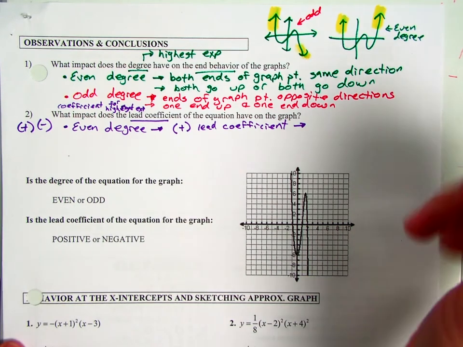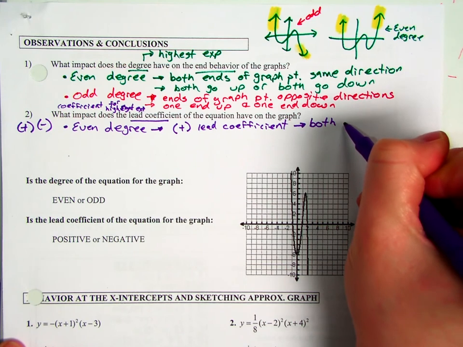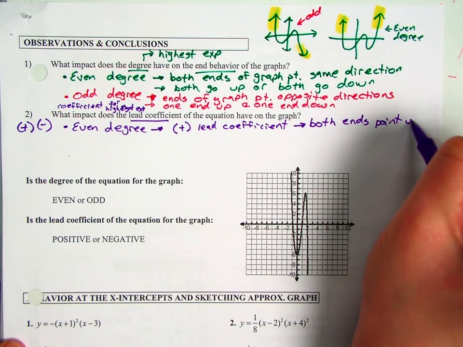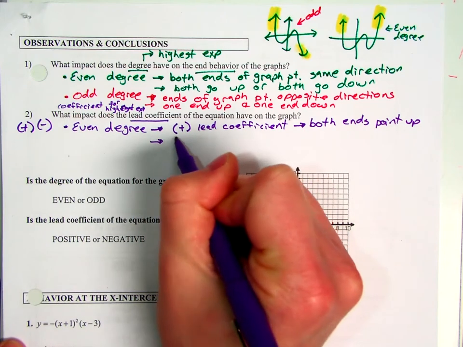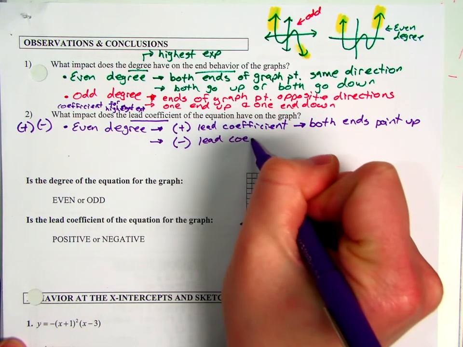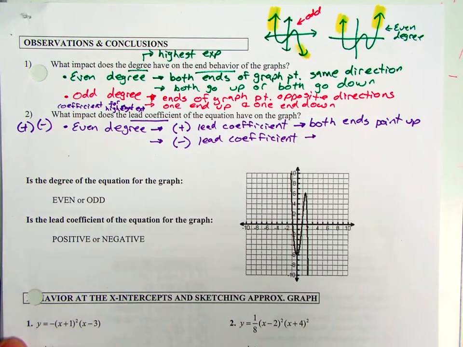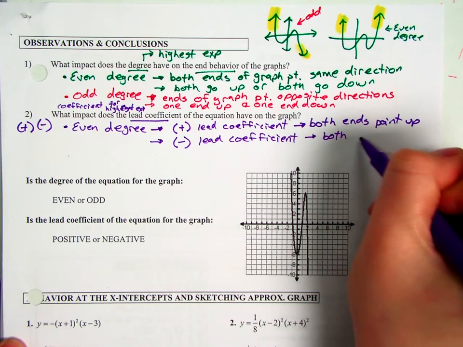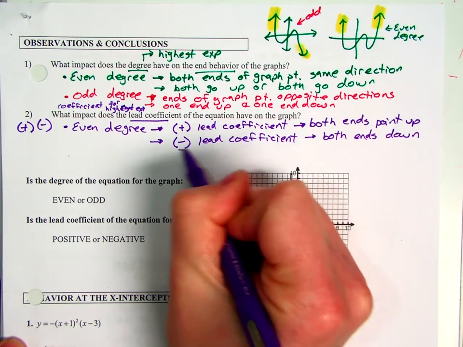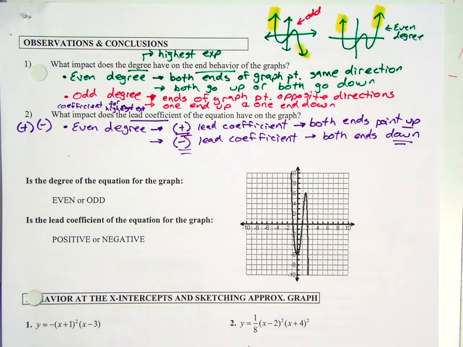I always think of positive as up, which is really what happens. So positive lead coefficient means both ends point up. On the other hand, if it's an even degree and the lead coefficient is negative, then negative is like going down, so both ends will be down. So negative, both ends will go down in an even one. Positive, both ends will go up.